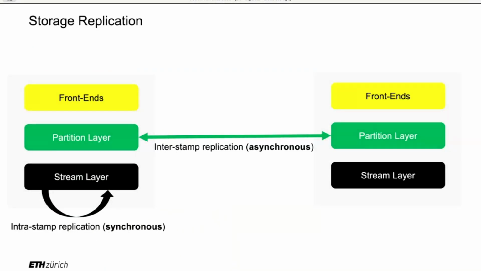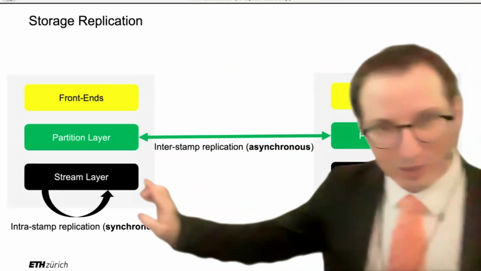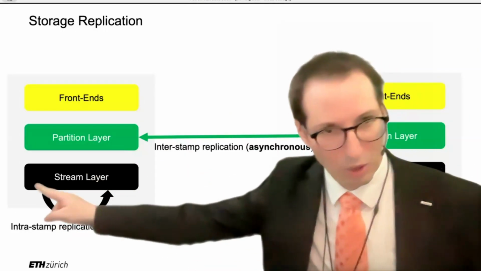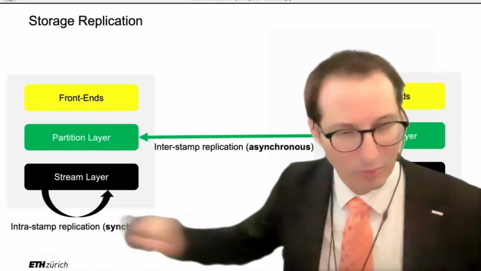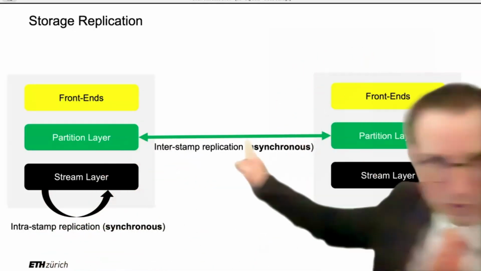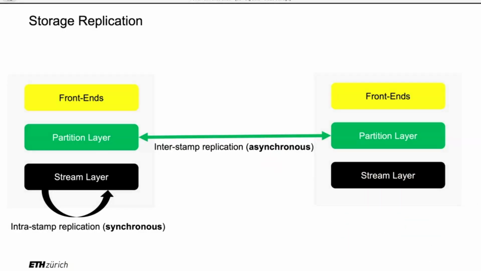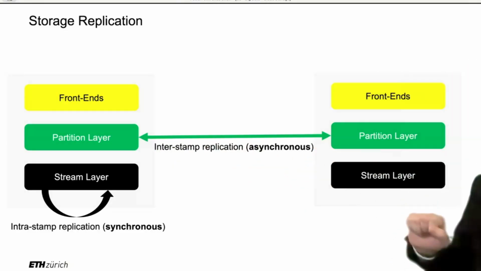So then you replicate and you store multiple times. So they do the same. In Azure, they store the same object, the same blob, multiple times within the same storage stamp. This is called intra-stamp replication. And they also store it in another storage stamp, just in case there is a fire in the first one, and then they still have a copy somewhere else. So they have inter-stamp replication.